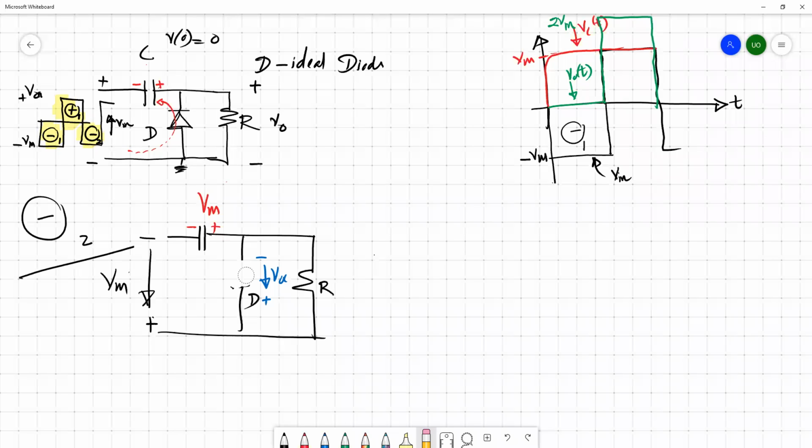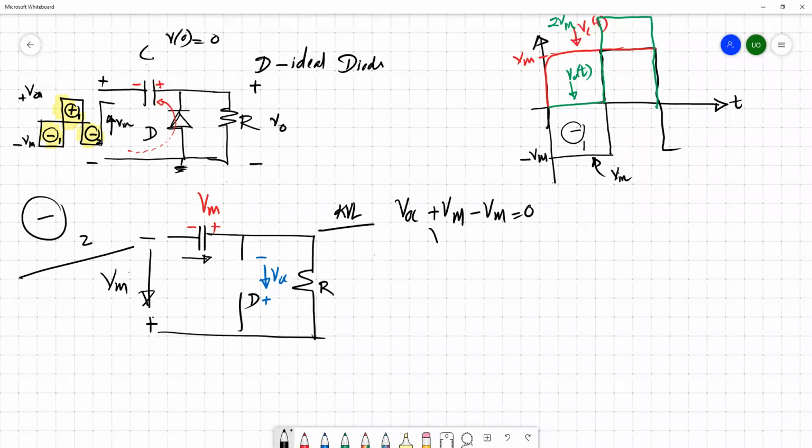We have Vm here and Vm down. So VOC plus Vm across the capacitor minus Vm should be equal to 0.